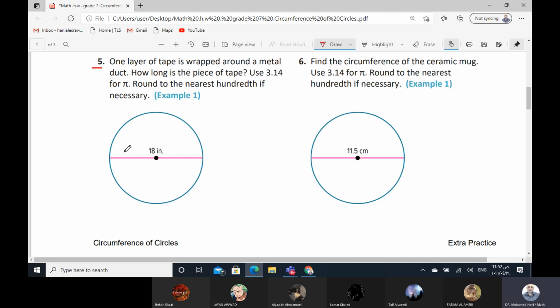Now, as you see, we have the diameter 18, and we have the pi, and we want to know the length of the base of the tub, meaning the circumference. So start from the formula, C equal pi times d.